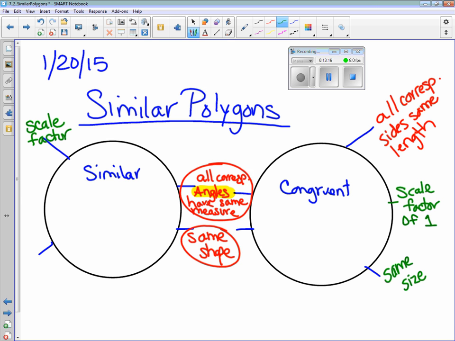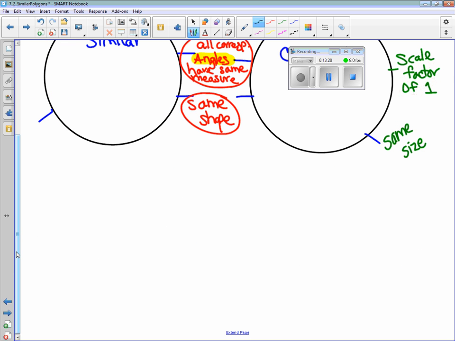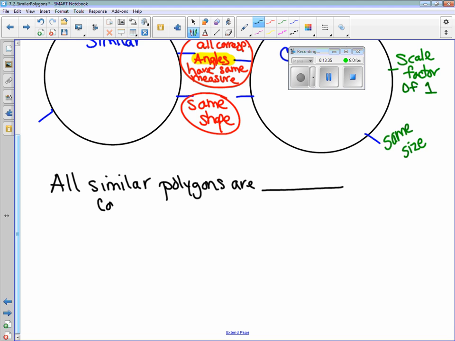Here's a question you could possibly see on a future test or quiz. All similar polygons are blank congruent polygons. So write these two sentences for me.